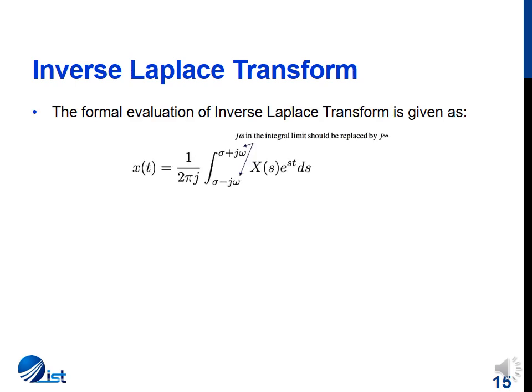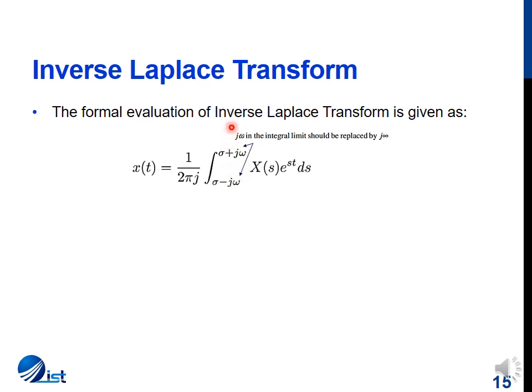By definition, the inverse Laplace transform is x of t equals x of s multiplied by a positive exponential this time and integrated between the limits sigma minus j omega to sigma plus j omega, where omega varies from minus infinity to plus infinity.